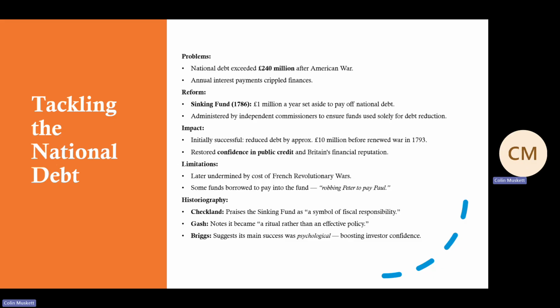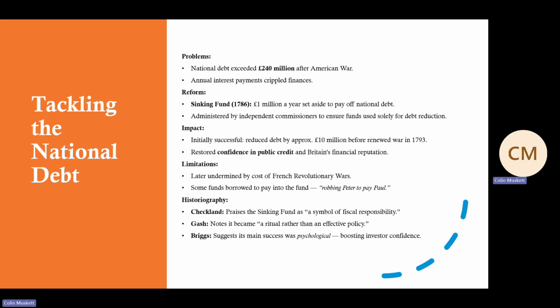You will recall, hopefully, that the big idea, the first step to restoring financial confidence in Britain, was to set up a sinking fund. Okay, and that was created in 1786, and £1 million a year was to be set aside, effectively ring-fenced within this sinking fund, which would then be used to pay off the national debt.